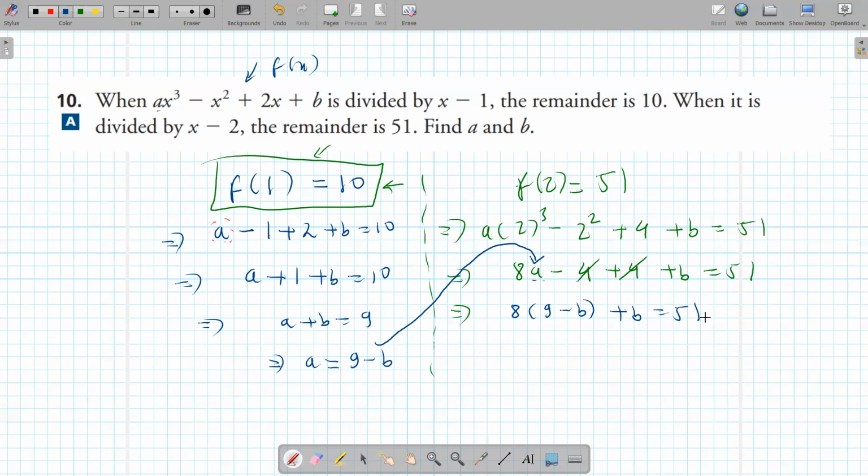How do we find b? Divide by 8? Nope. You divide by 9 minus b? You can't do that because there's a plus b here, right?